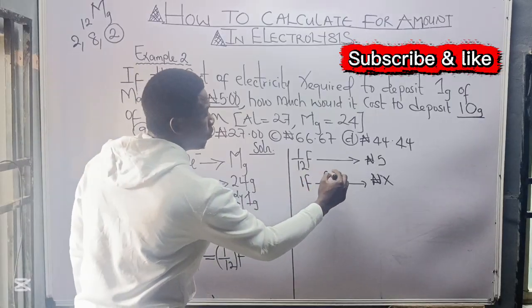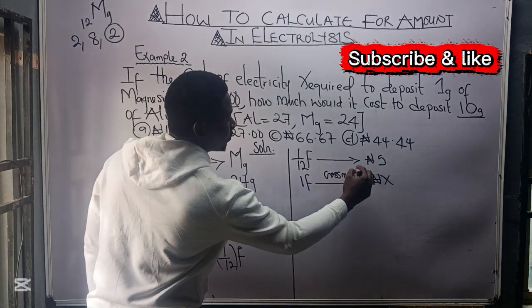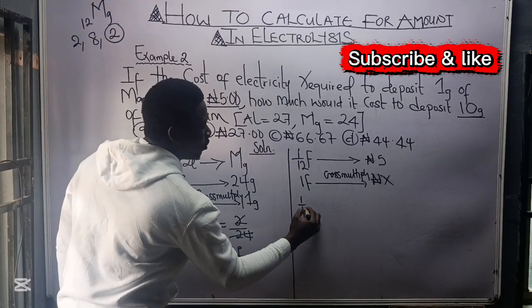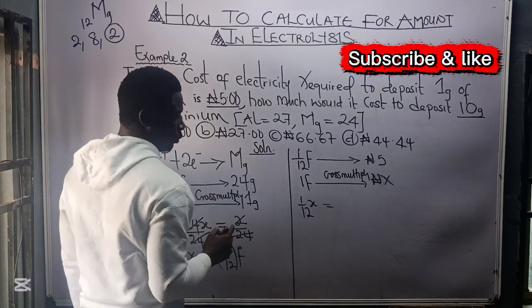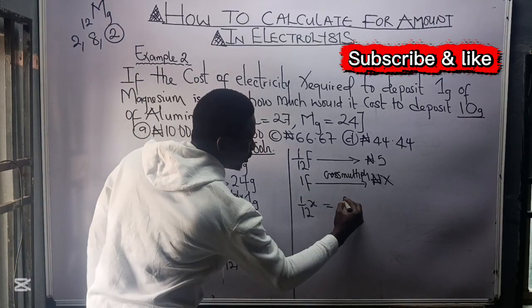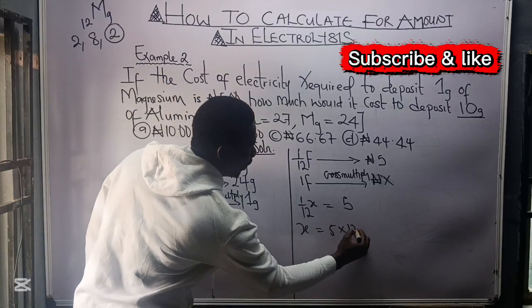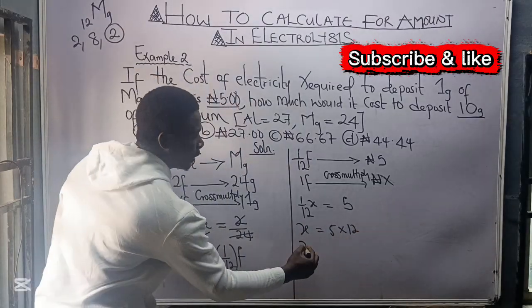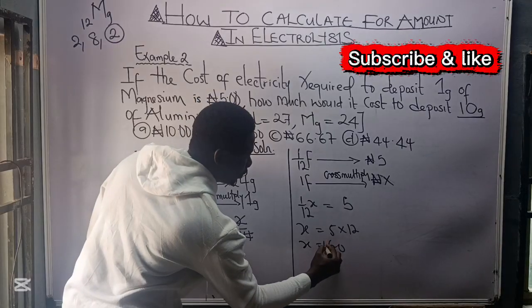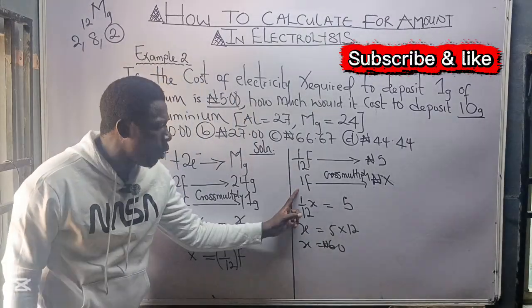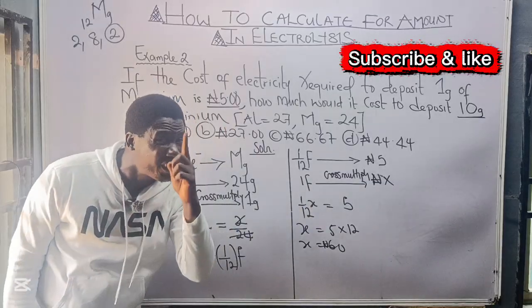If I cross multiply, we have X times 1 over 12, that's 1 over 12 X equals 1 times 5, which gives us 5. So X will be 5 times 12. So X will be equal to 60 naira. So what does that mean? It means that 1 Faraday will cost us 60 naira.